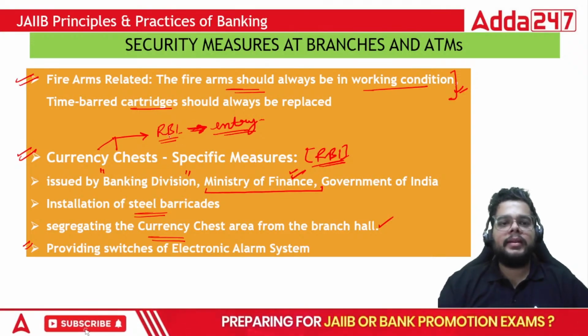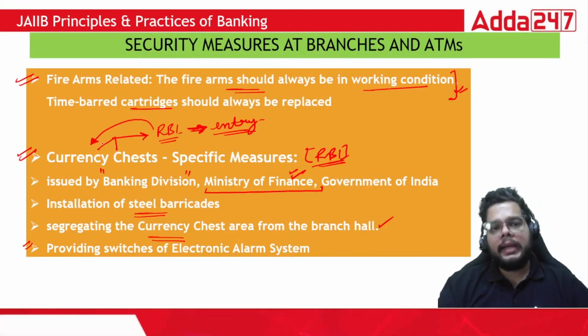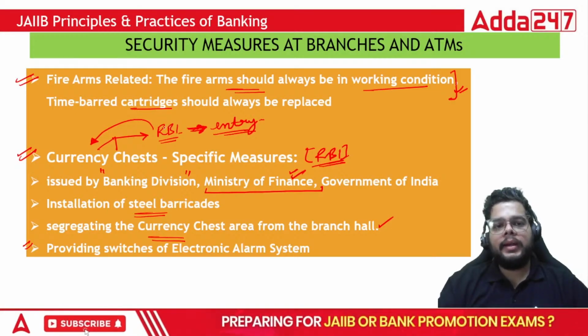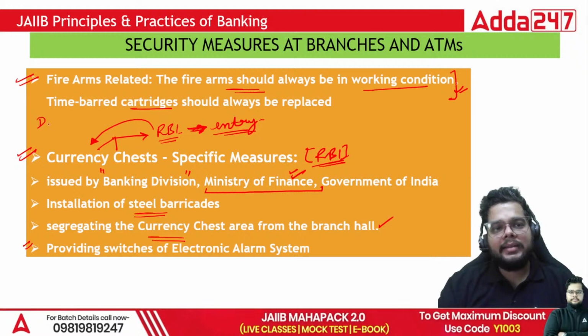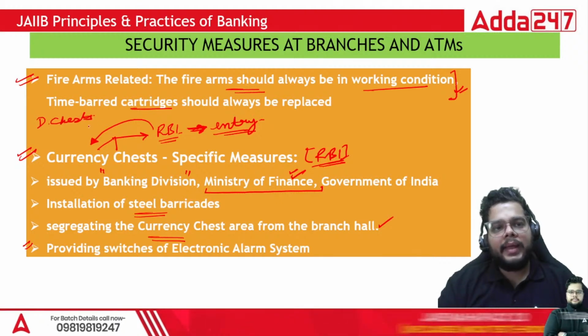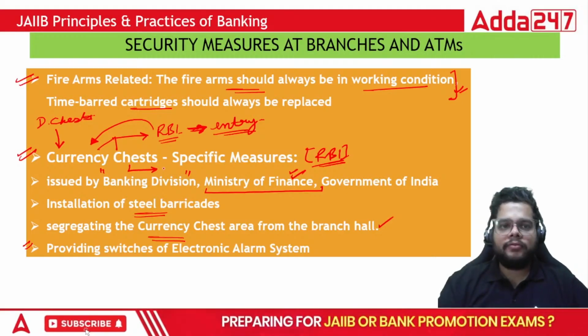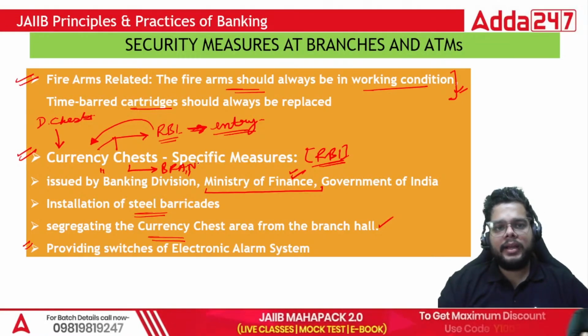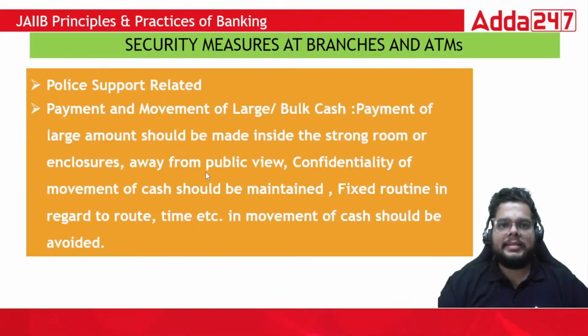There will be certain branches where RBI directly provides the cash to these currency chest branches, or designated chests will be provided direct cash from the RBI, and those designated chests will in turn replenish these currency chests, which will provide the cash for your branches. That is why certain specific measures must be there for the currency chests.